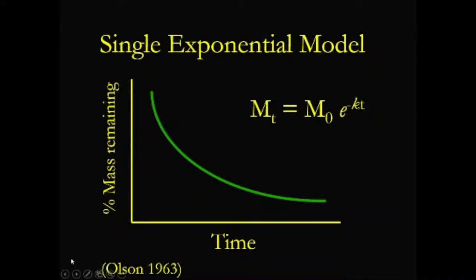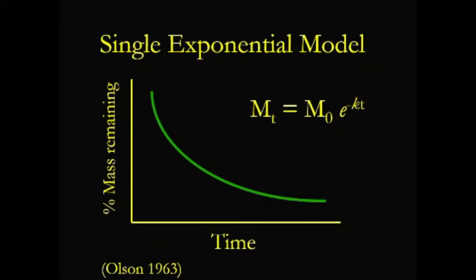So once you collect these litter bags, you can have a graph that looks like this, where you can plot the percent of mass remaining in the litter bag through time. That's a variable that is very comparable to other studies.